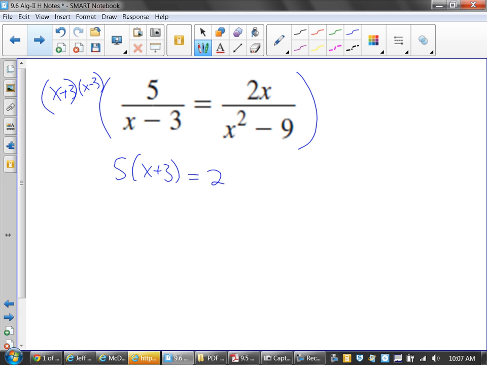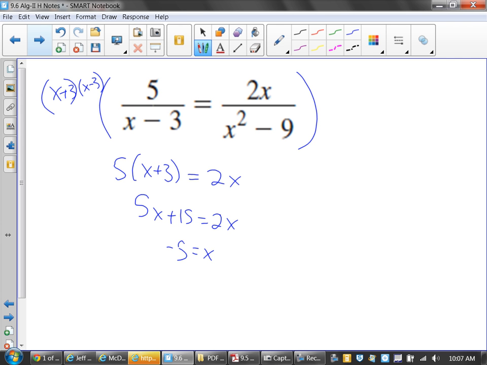The other one doesn't need anything. So I get 5x plus 15 is 2x. So you get negative 3? No, negative 5, thank you. You get negative 5.